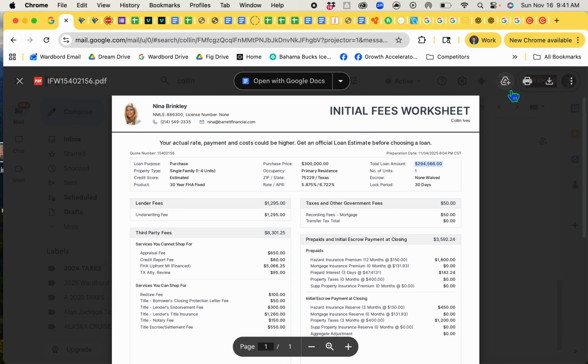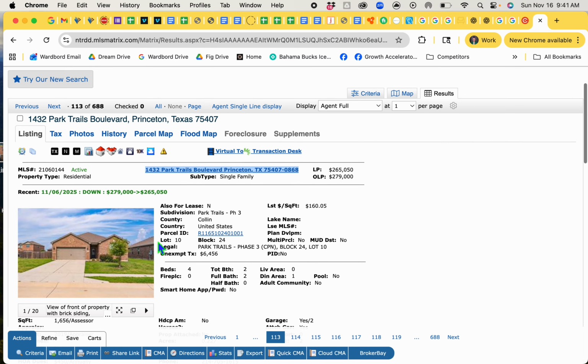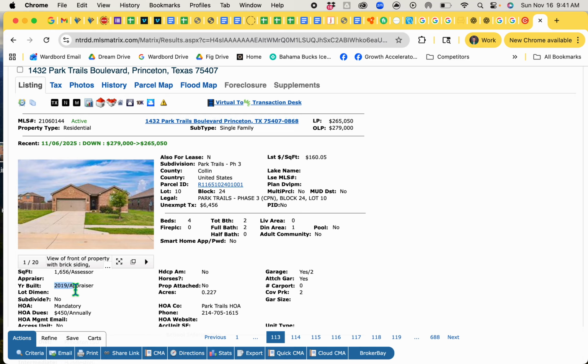So Raygan, ask your aunt. I'm going to switch screens. Just use this house as an example. It was built in 2019, about 1,656 square feet, at $265,000. Ask her what the insurance policy would cost.